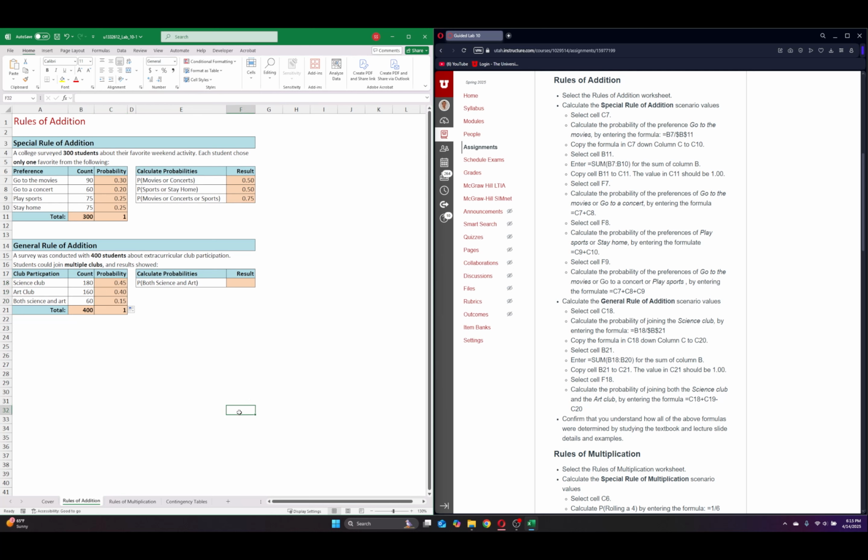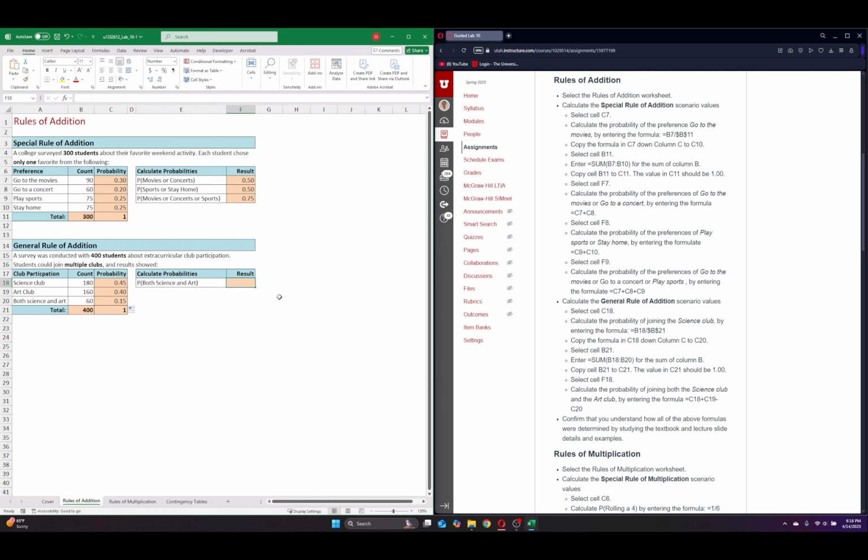Okay. Now, the next thing that we want to do is calculate the probability of a student being in both the science and art club. This is going to be a little bit different. We have one section here that does account for both science and art, but we also have students that are a part of the science club and the art club, but separately.